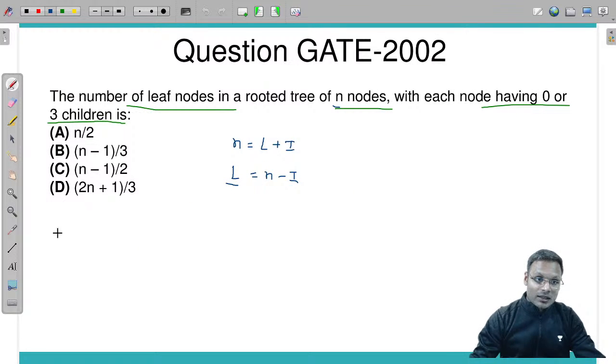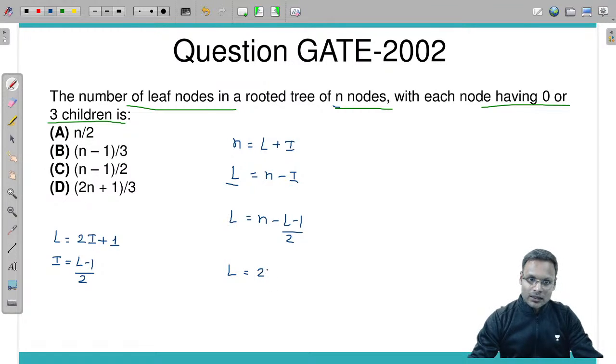If we have calculated L is equal to 2I plus 1, then the value of I is L minus 1 by 2. Put the value here. L is equal to n minus (L minus 1) by 2. And L is equal to 2n minus (L minus 1) by 2, and you will get 2L equal to 2n minus L minus 1.